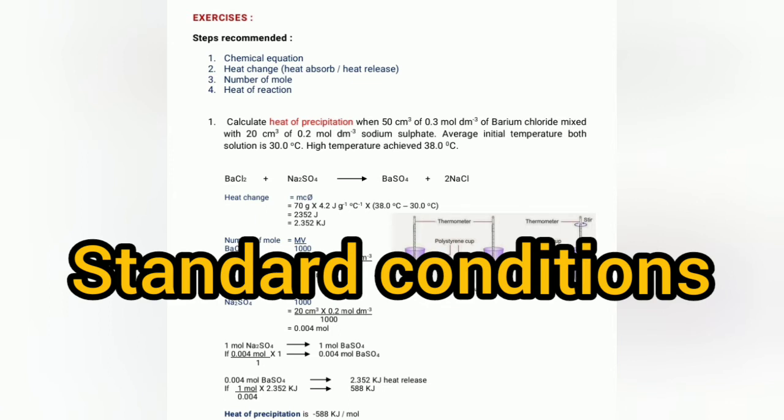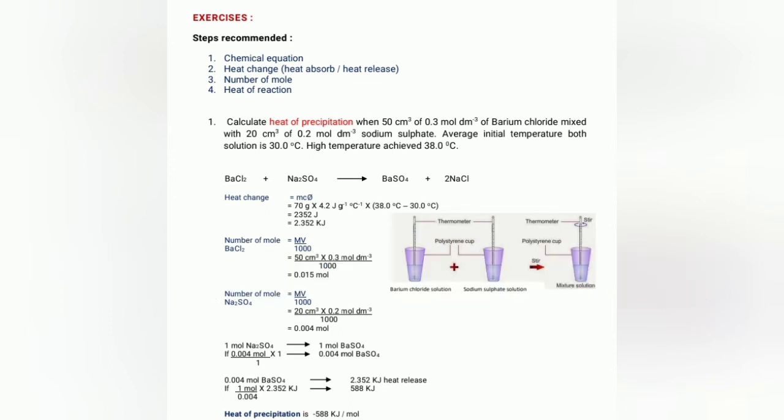Standard conditions refer to a temperature of 25 degrees Celsius or 298 Kelvin, a pressure of 1 atmospheric pressure or 101.3 kilopascal, a concentration of solution of 1.0 mole per decimeter cube, and reactants and products at their normal physical states of 25 degrees Celsius and 1 atmospheric pressure.